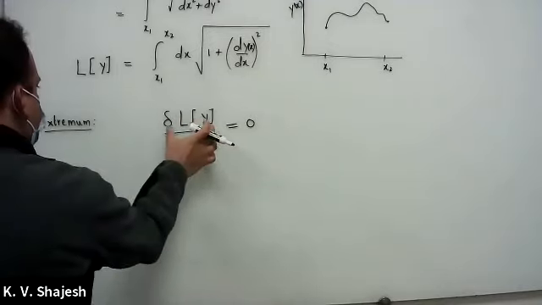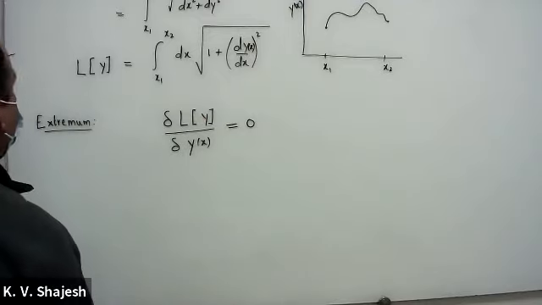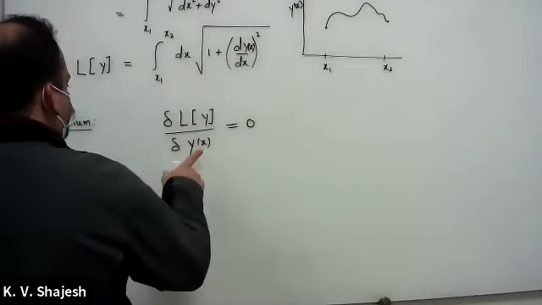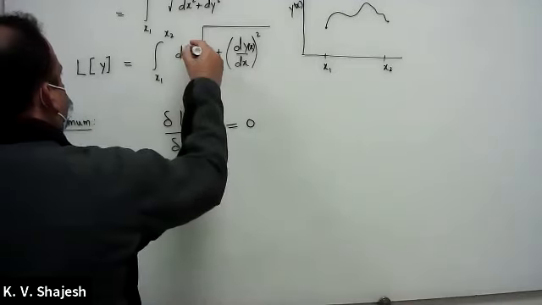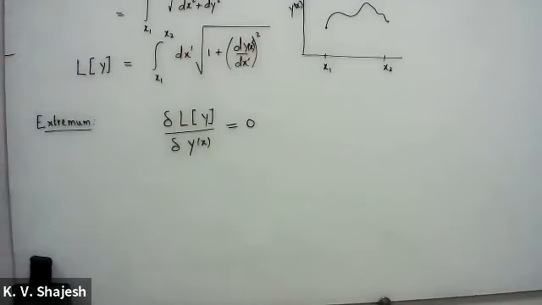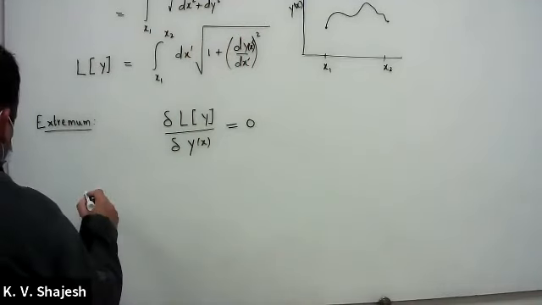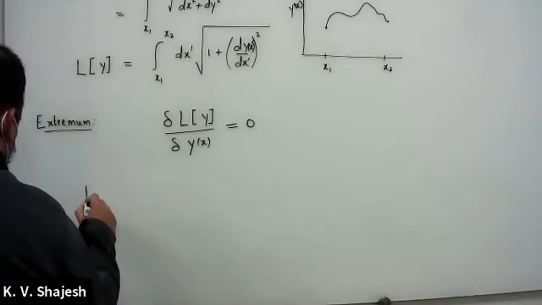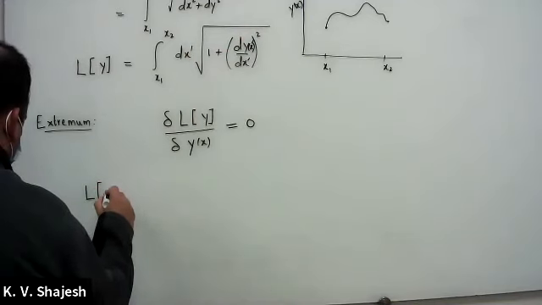For that, we need to find the change in L of y. Since we want to have this with respect to x, right away you can make this x prime. It doesn't matter, that helps. And let's do, first of all, what is L of y plus delta y?